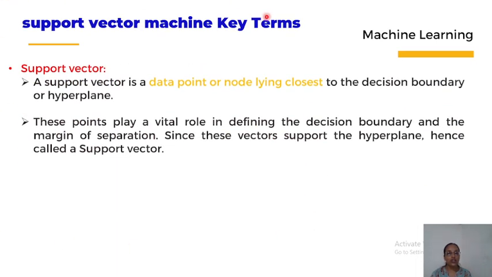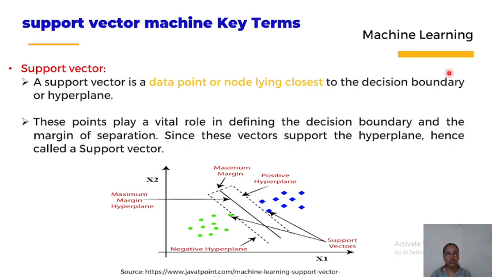Now we will see some of the key terms related to the SVM. The first key term is the support vector. A support vector is the data point or the node lying closest to the decision boundary or the hyperplane. Here you can see this black solid line is called a hyperplane.